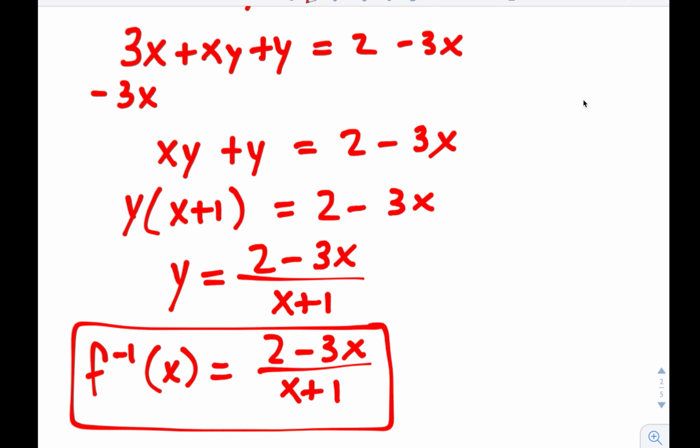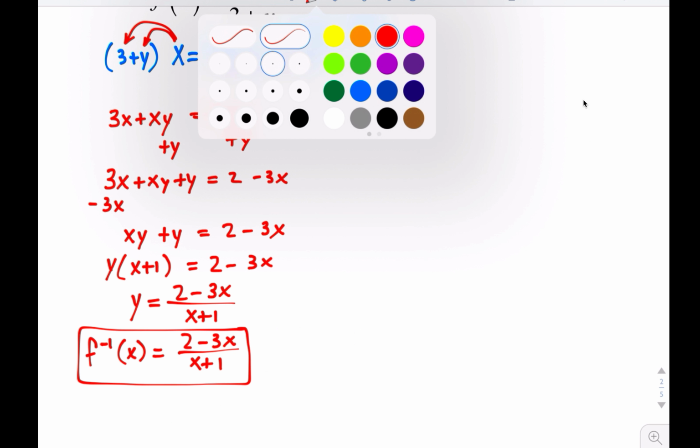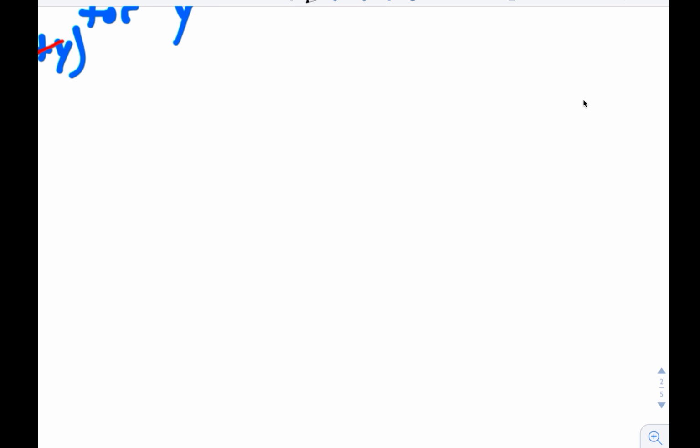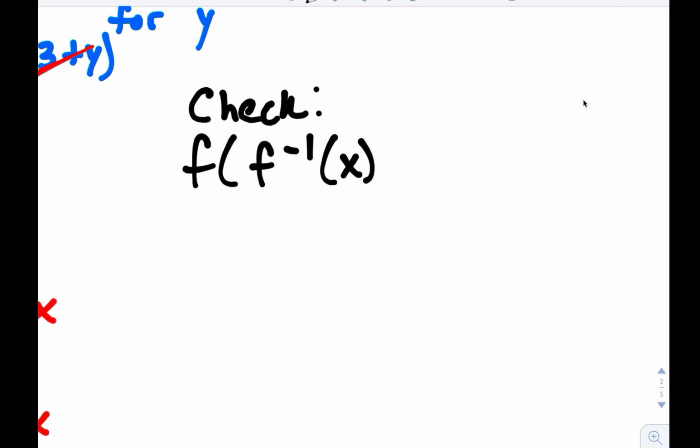So what I want to do now is make sure I got the right answer, so I need to check it. When you check it, you want to make sure that when you plug in the inverse, everything cancels out and you're just left with x.